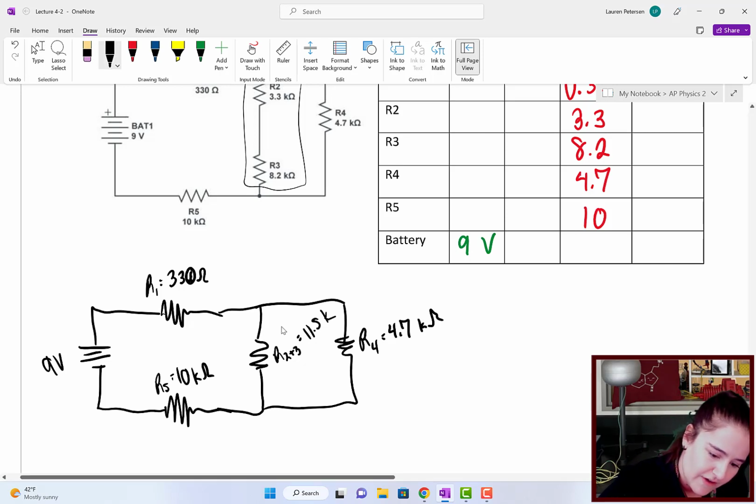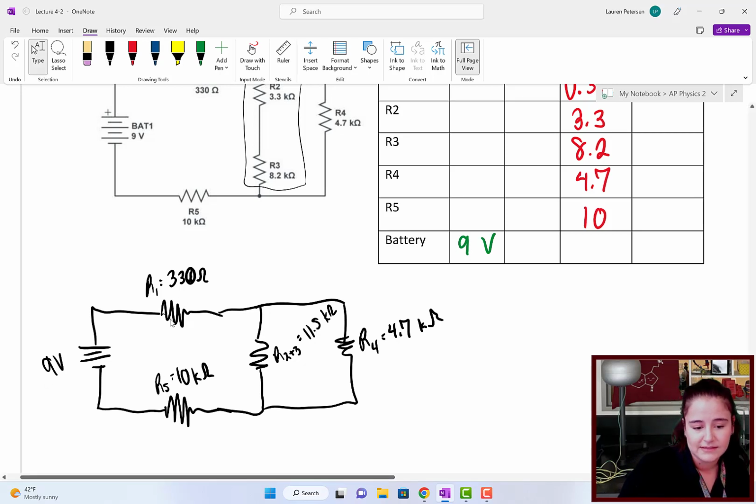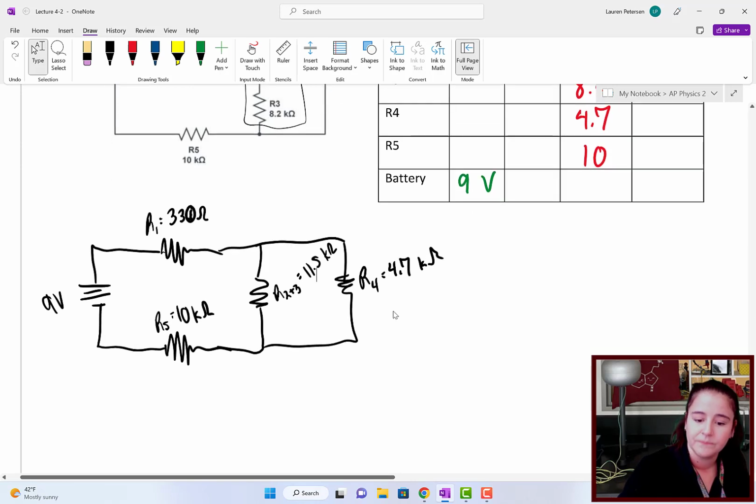Okay, 11.5 kilo ohms. Now we're almost at a simple circuit. Now we have this in series with these two that are in parallel with each other. So I'm going to go one more step and combine these two resistors to make a simple series circuit.